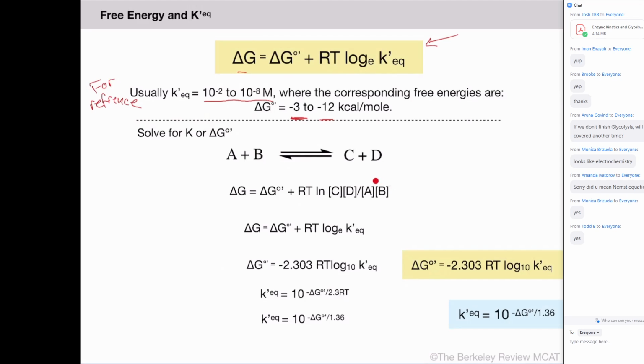When solving for delta G, we can further rearrange this, and here you see that we're just switching ln out for log base e. So delta G equals delta G naught prime plus RT log e of KEQ.